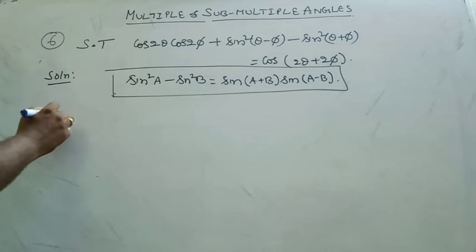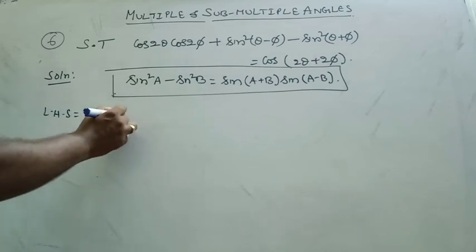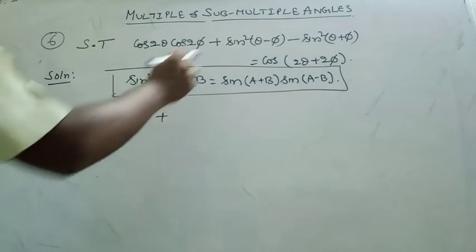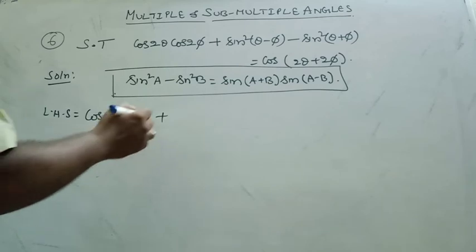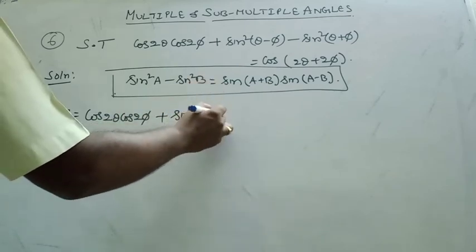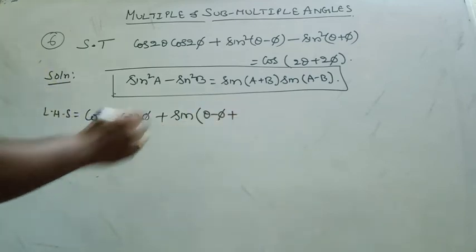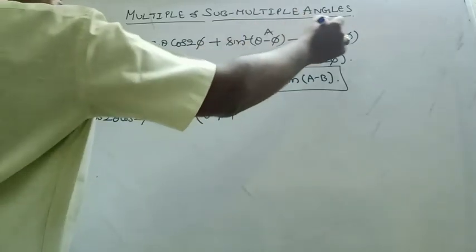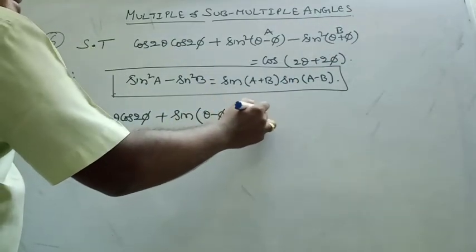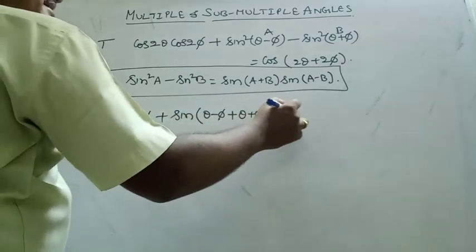Now take the left hand side, that is equal to cos 2 theta into cos 2 pi, plus here sin square A minus sin square B. In this place we are going to use sin (A plus B) into sin (A minus B).